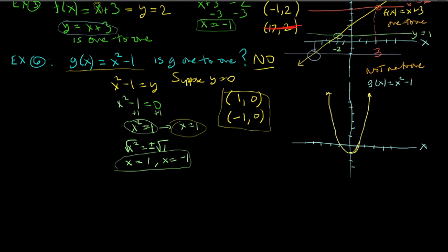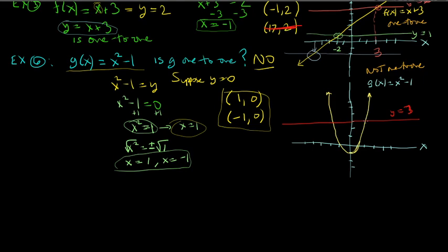So if I pick any horizontal line, I'm just going to pick y equals 3. So 1, 2, 3, yep, right around here. So here's this horizontal line. This is y equals 3. And what x value or values does that come from?